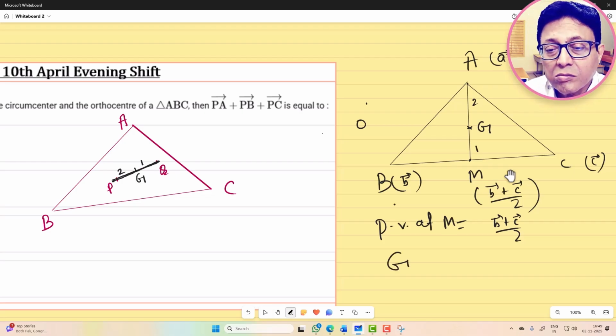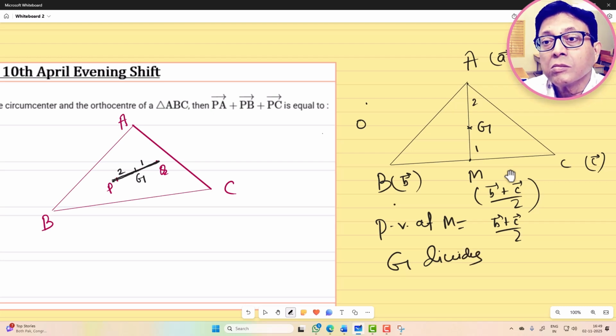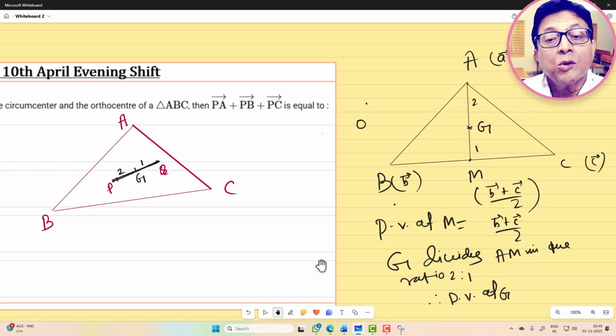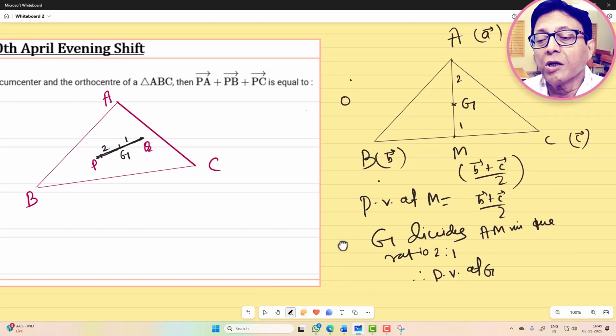Now G divides AM in the ratio 2:1. Therefore, the position vector of G, if we want to find it, will be using the section formula only.